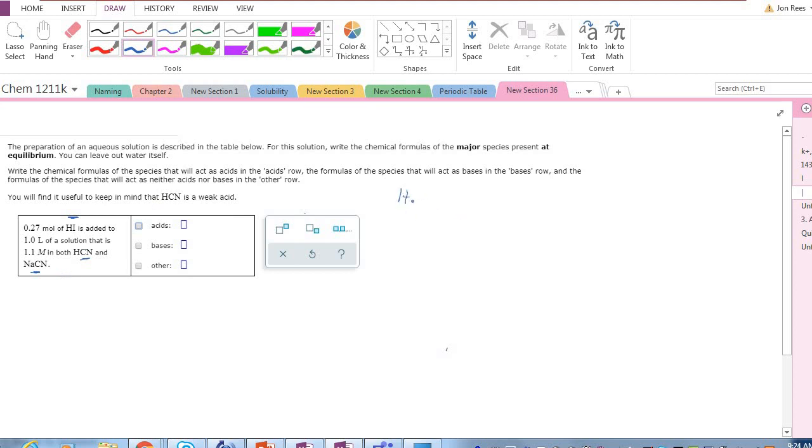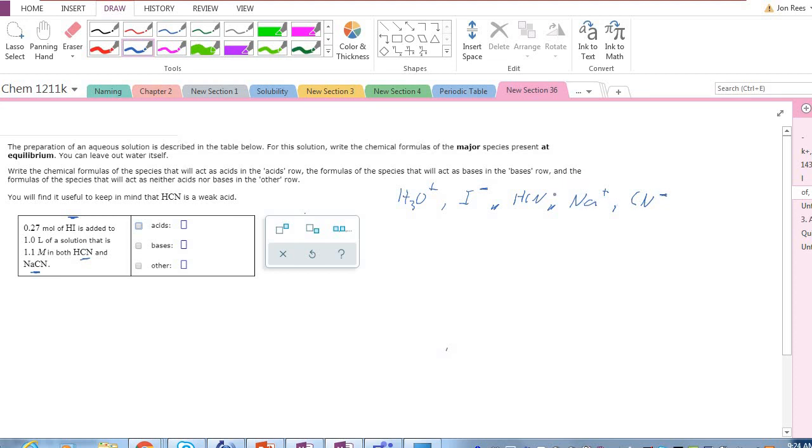Again, I like reacting that with the water just to get that in my mind, the H3O plus. I have the I minus, that's going to be in there. I have some HCN, that's going to be in there. And then I have some Na, because it's a soluble salt. There's going to be some Na plus, and there's going to be some CN minus that's going to be in there.